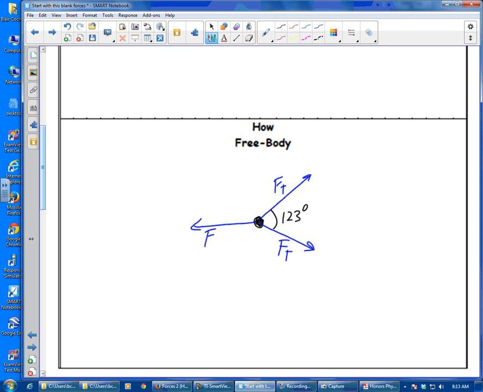So what I'm going to do is the components of F sub t. And if I draw in these horizontal components and the vertical components, I know this, they split this angle because you're in the middle of it. So that means each one, in my case, gets 61 and a half.